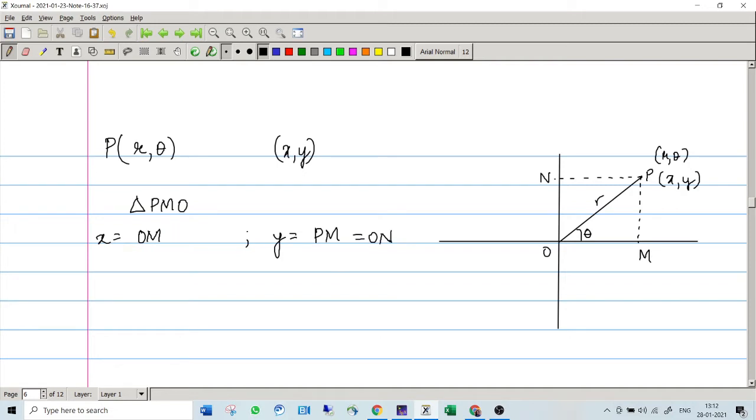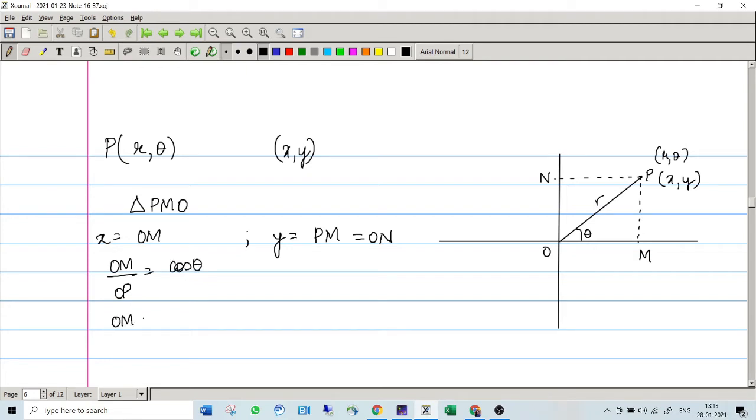So all we are interested in is the distance OM and PM, and we can look for these distances in the triangle PMO. You can see that OM upon OP is nothing but cos theta, right?